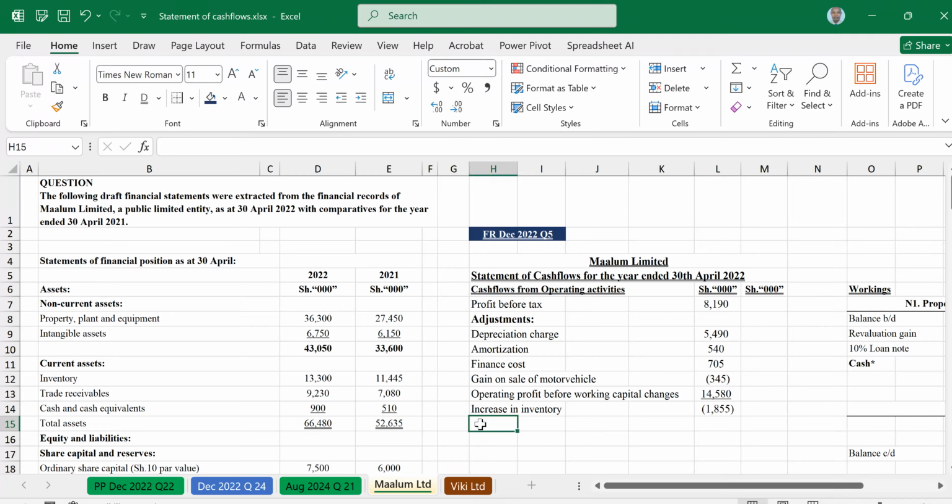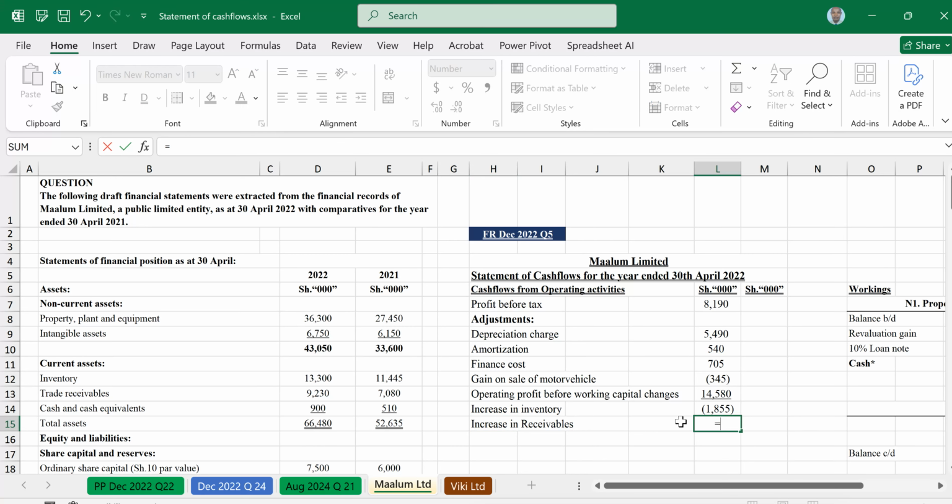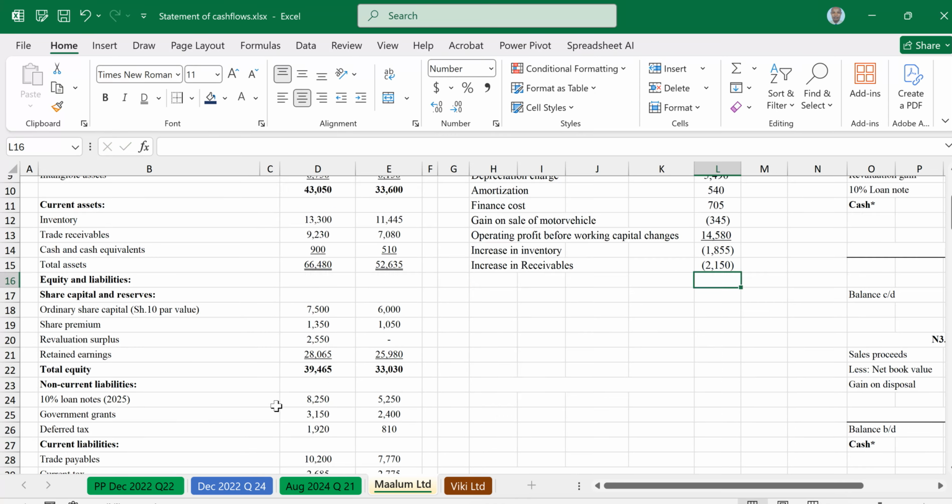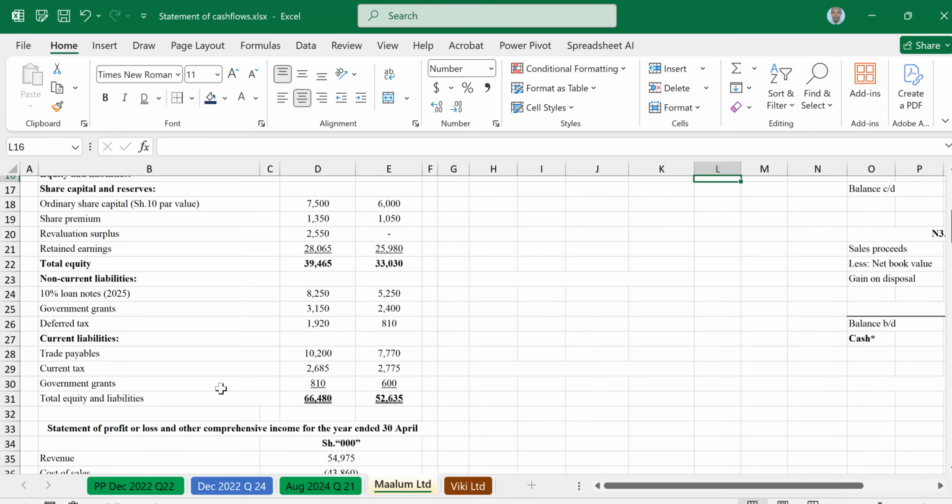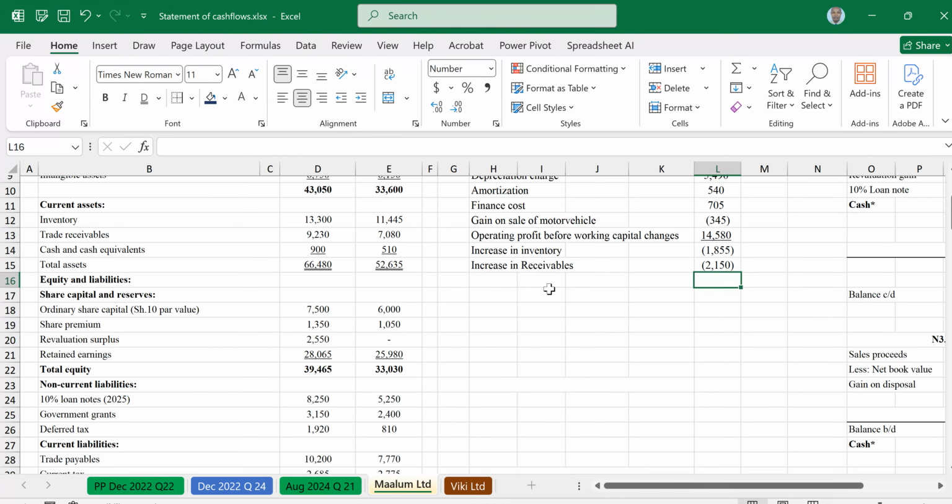We have increase in receivables. Now, the increase in receivables amounted to 7080 minus 9230. Increase in receivables is also an outflow. Move down and find trade payable is also increasing.